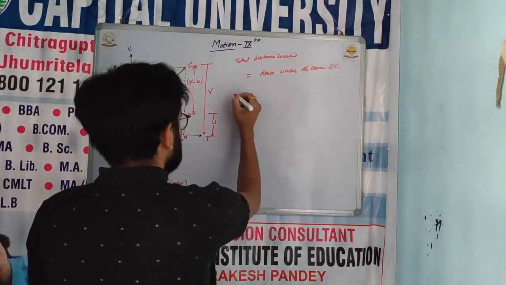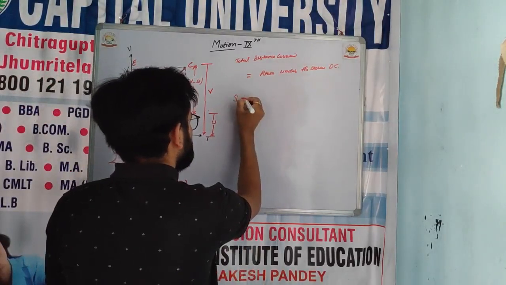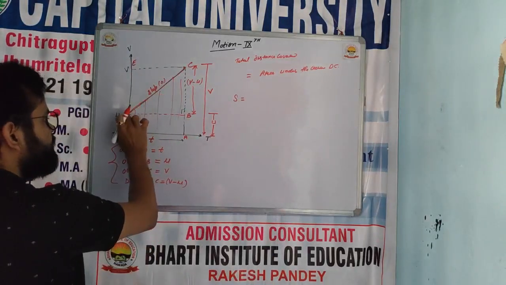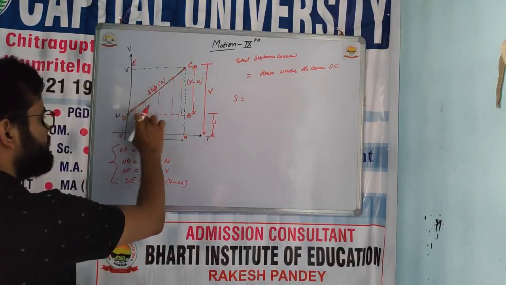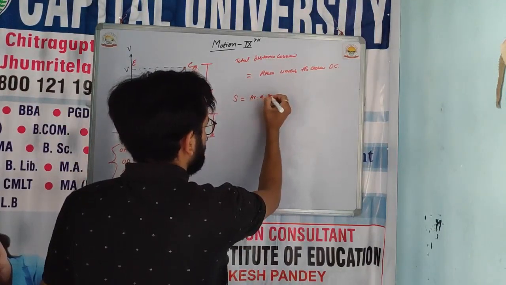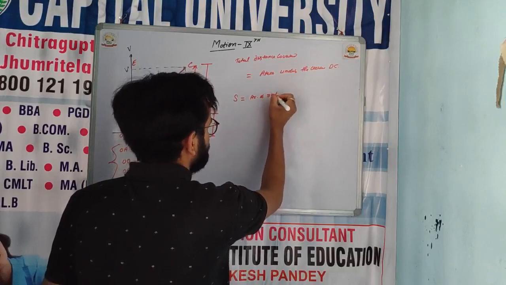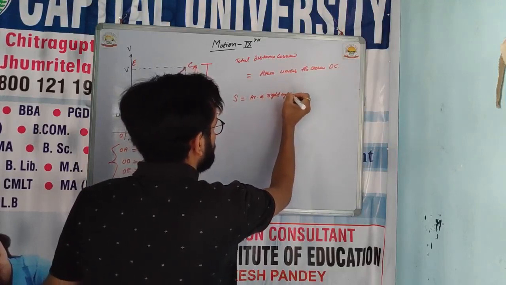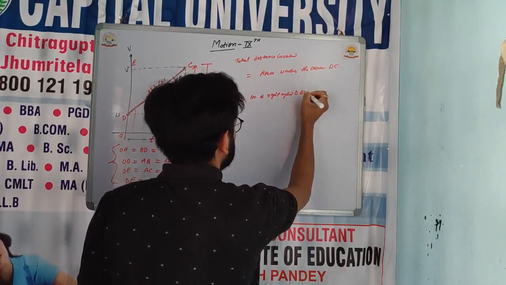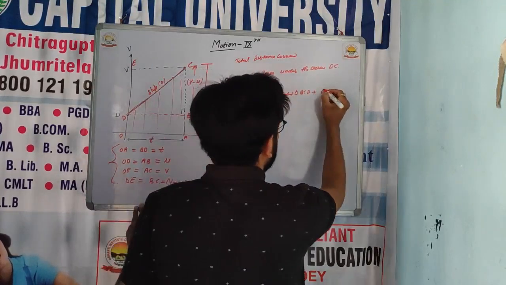So total distance represented by S equals the area under the curve. We have two figures: the first one is a right angle triangle and the second is a rectangle. So the area of right angle triangle BCD plus the area of the rectangle.